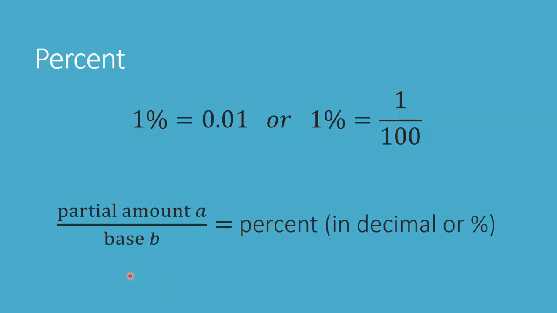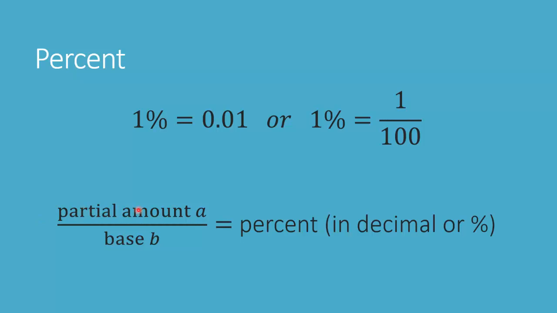Now, to find a percent of something, you need a partial amount divided by the base, which in most cases will be the whole amount. Like if you took 3 slices of pizza and there are 8 slices in the pizza, what percent of the pizza did you eat?